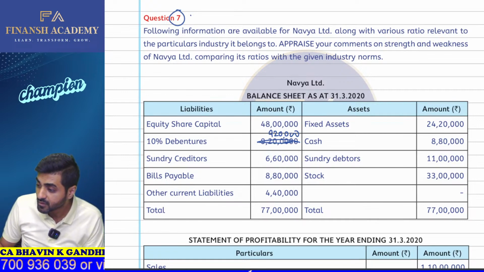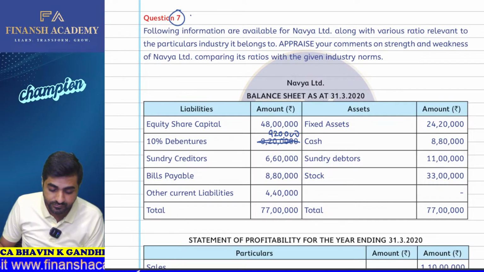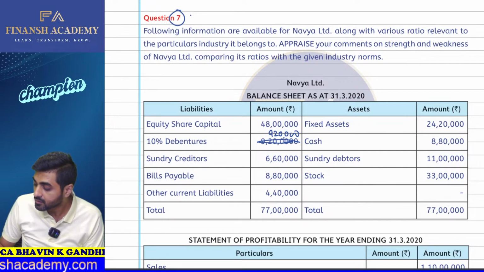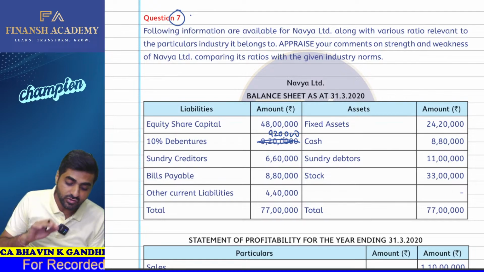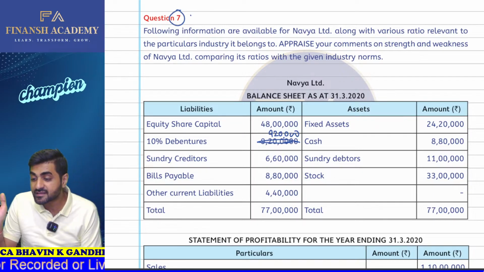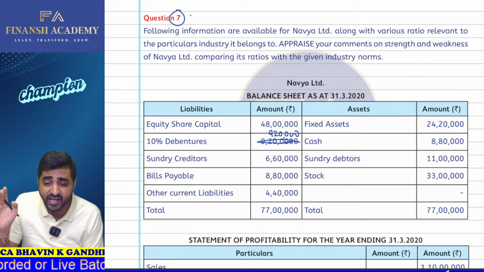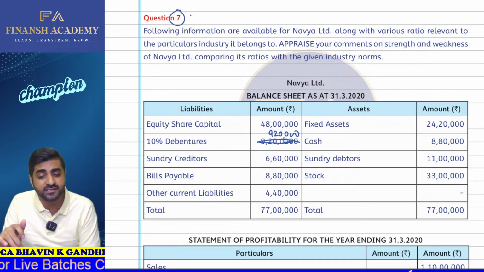Just check this out. Yes, this is 9 lakh 20. Then on the asset side, we have fixed assets, cash, debtors, stock, all those things are available.